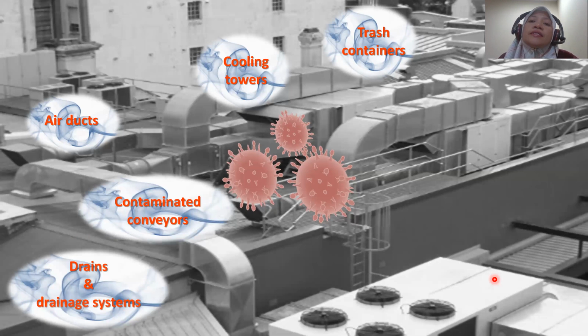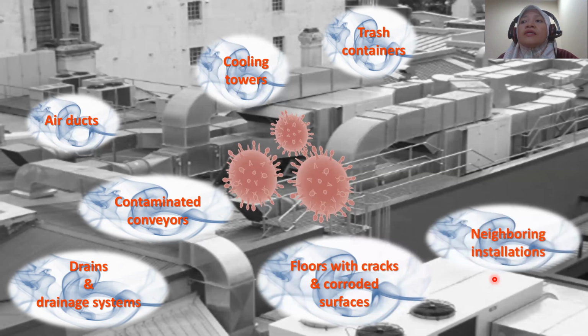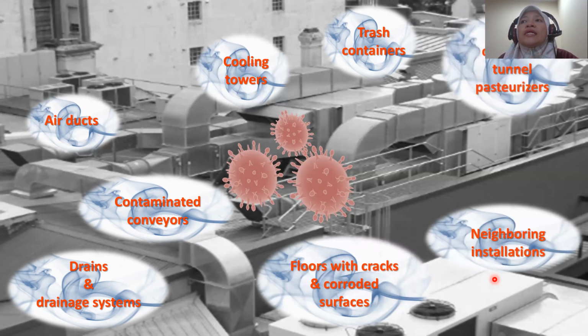Now, drains and drainage systems. Dirty drains and drainage systems might as well contaminate the air. Floors with cracks and crowded surfaces, neighboring installations, and walls and ceilings of tunnel pasteurizers: some of these surfaces are hot, some are cold.